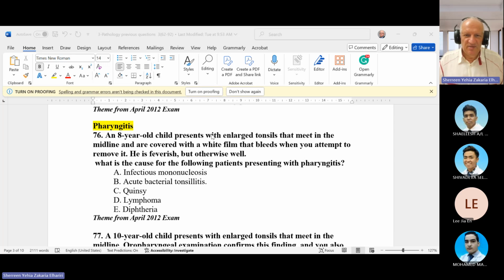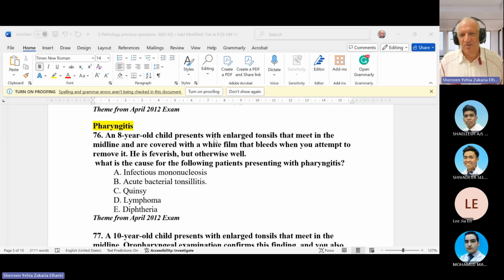An 8-year-old child presented with enlarged tonsils that meet in the midline, covered with white film, which bleed when you attempt to remove it. Feverish, otherwise well. What is the cause of the pharyngitis in this patient? Just think simple. This patient has pharyngitis or enlarged tonsils.